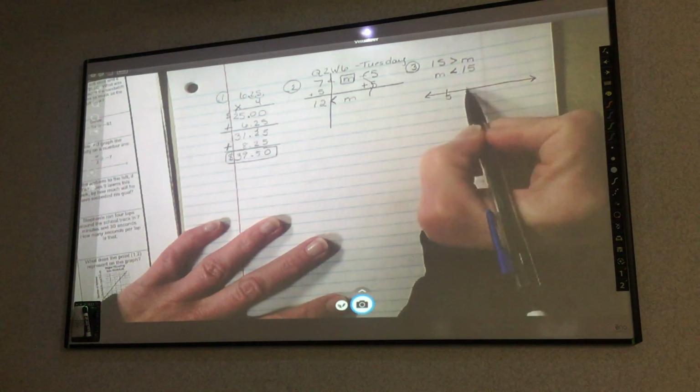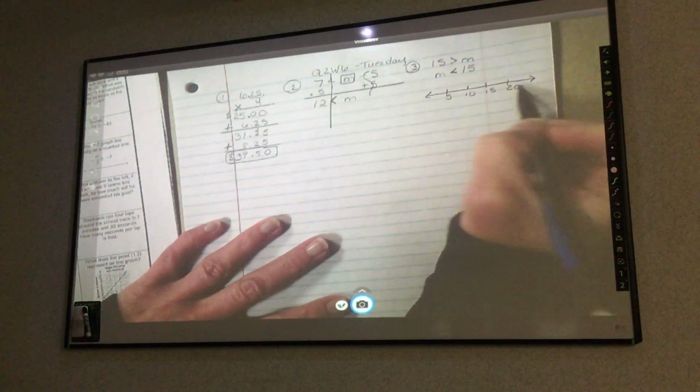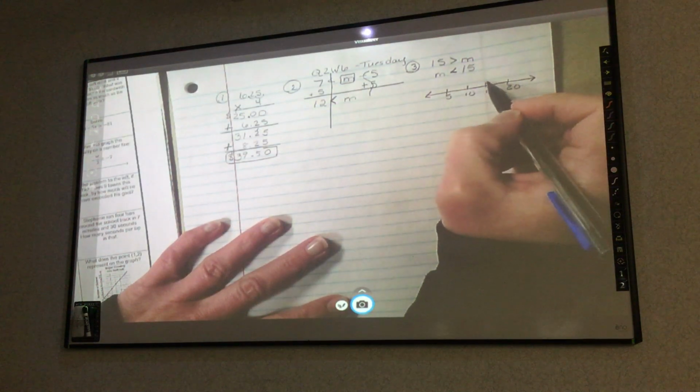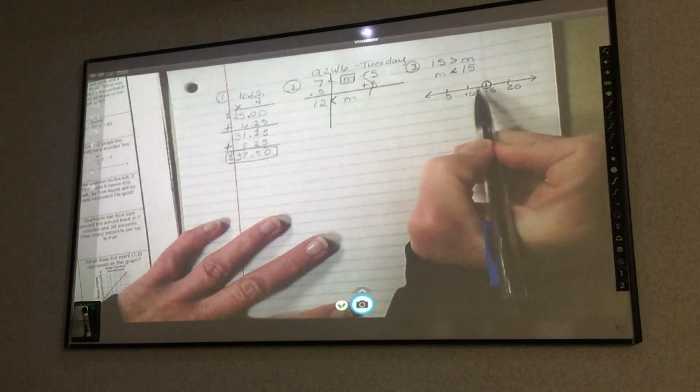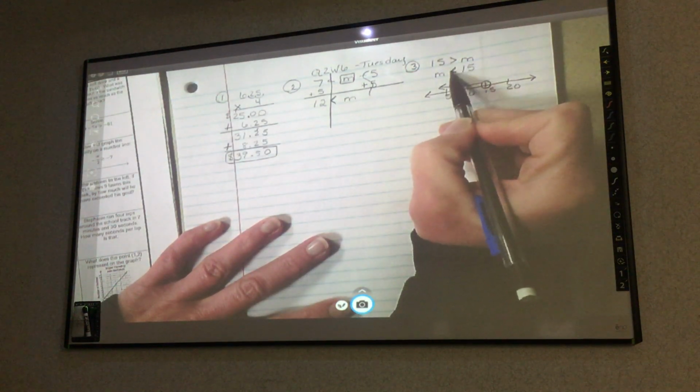I'm just going to go by 5s. Okay? Am I going to fill in my circle? Nope, it's an open circle, and my arrow is going to point to the left. And that is why I rewrite it with M first, because then this tells me which way I need to point my arrow.